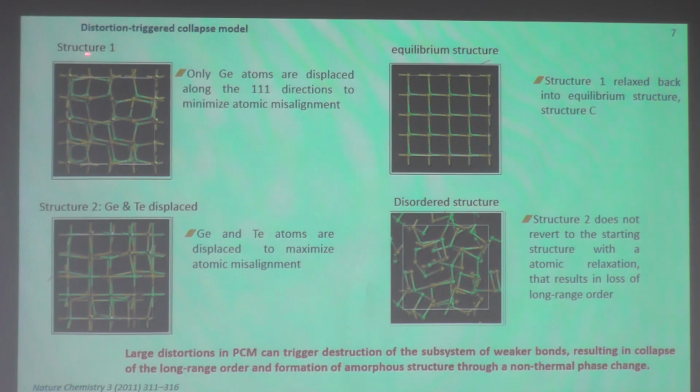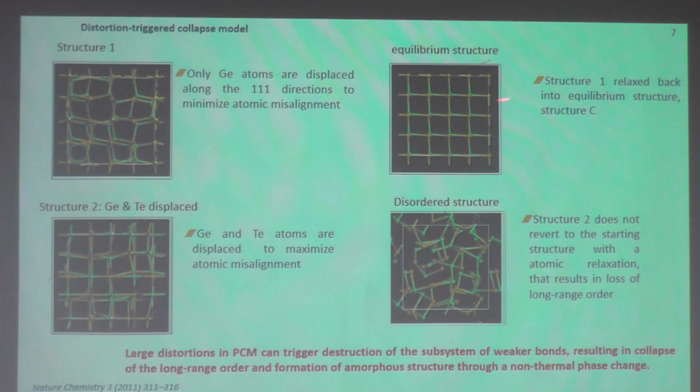In structure 1, the germanium atoms displace along one direction to minimize atomic misalignment, and in structure 2 they allow the germanium atoms to displace to maximize atomic misalignment.